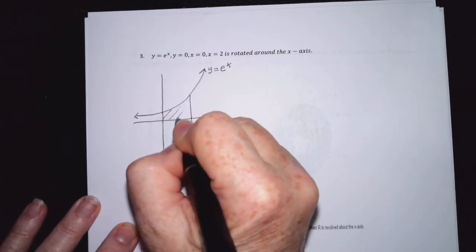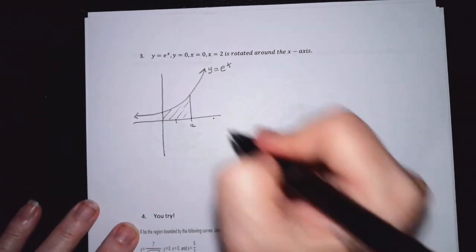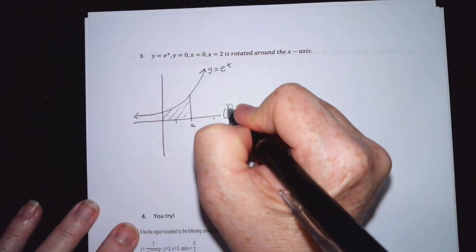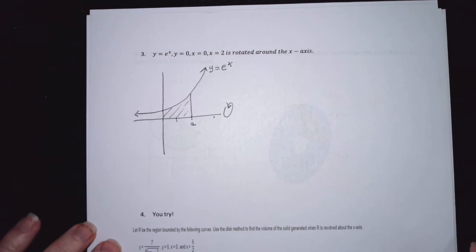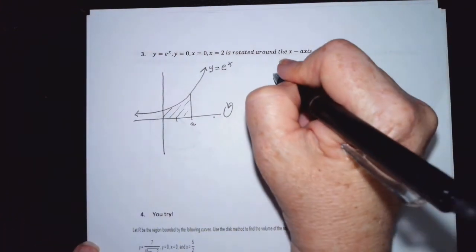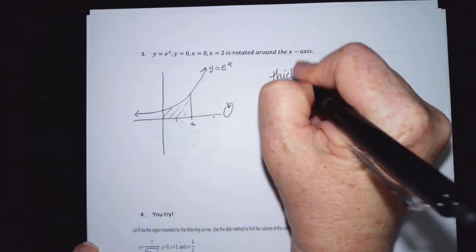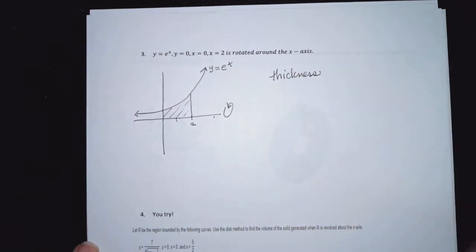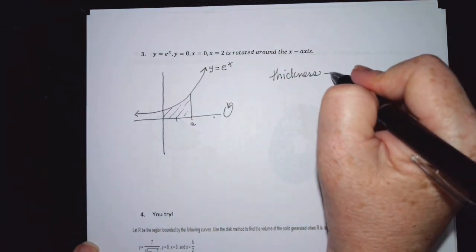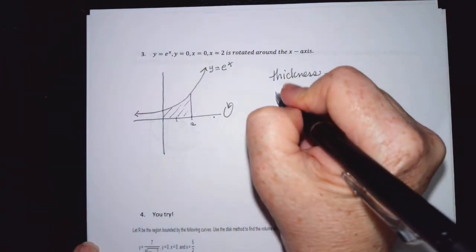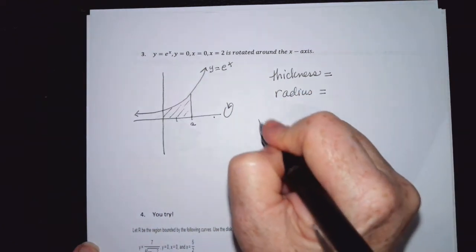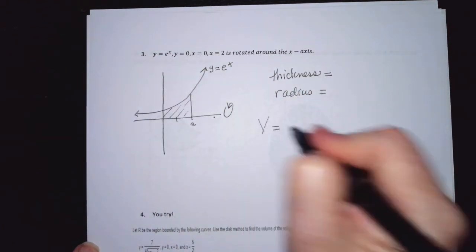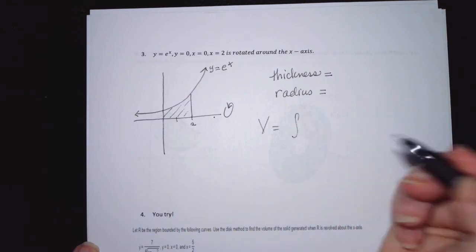So this is the region in question, and we're rotating it around the x-axis. So on your paper, I want you to identify what is the thickness of the rectangles. Is it dx or dy? What is the radius? And write down an integral for the volume.